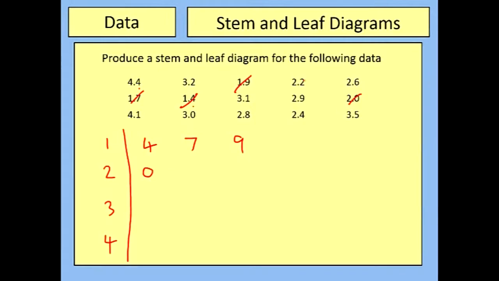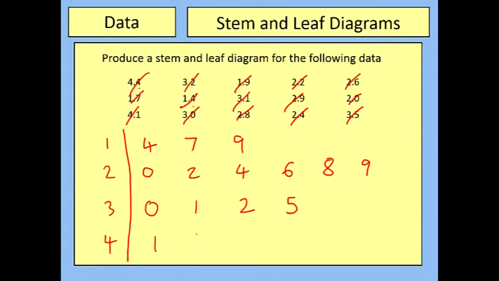We've got a 2.2, we've got a 2.4, a 2.6, a 2.8, and a 2.9. And then moving up into the 3s, we've got 3.0, 3.1, 3.2, in order, of course, and 3.5, and then finally 4.1 and 4.4.